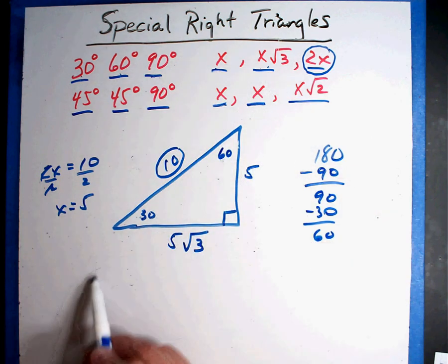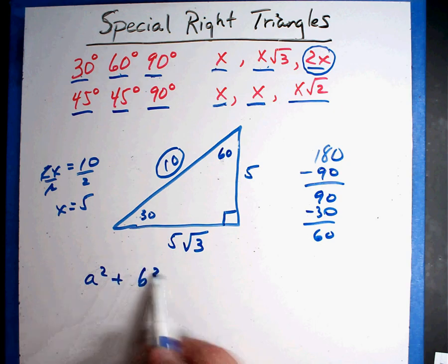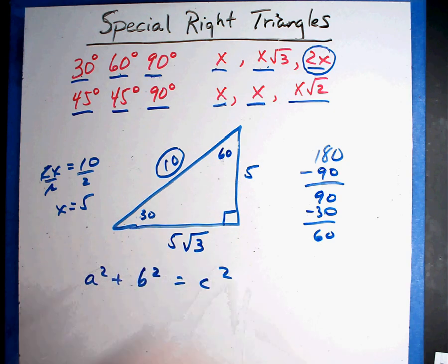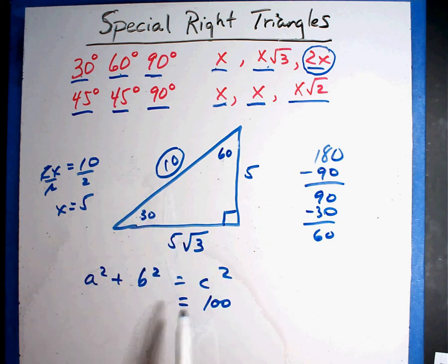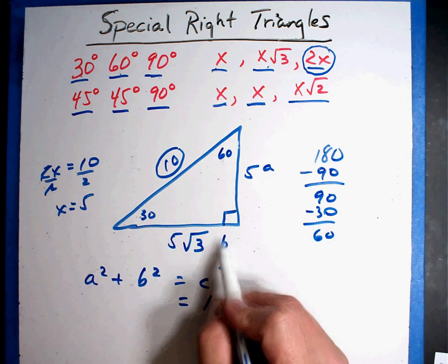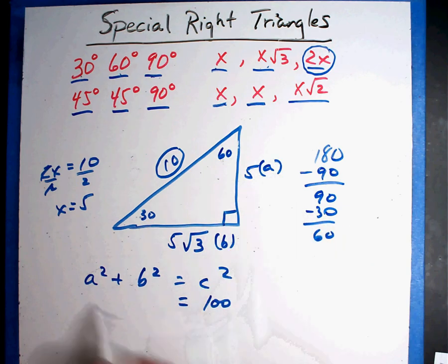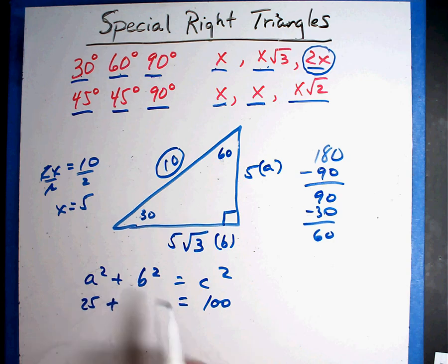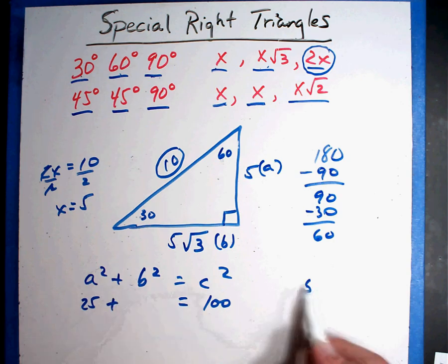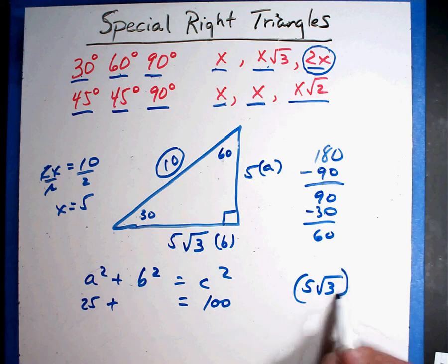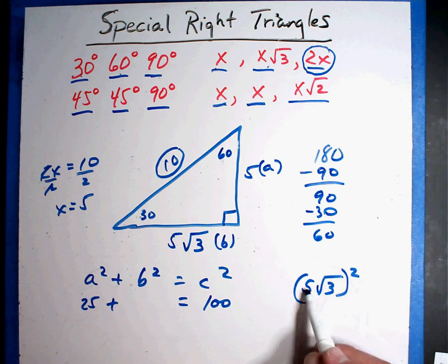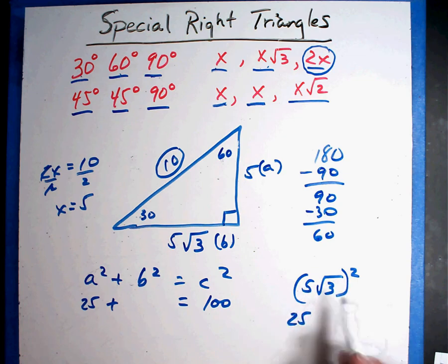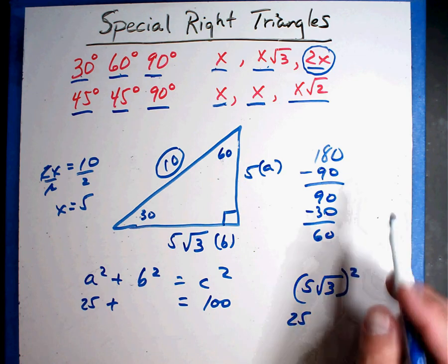Well, let's check our work. If we have a squared plus b squared equals c squared, if c squared is 100, so c is the longest side, a and b, it doesn't matter which is which really when we do this. A, 5 times 5 is 25, plus 5 square roots of 3 squared. Okay? It means we multiply it times itself. Well, 5 times 5 is 25, but the square root of 3, let's see, do we remember this?